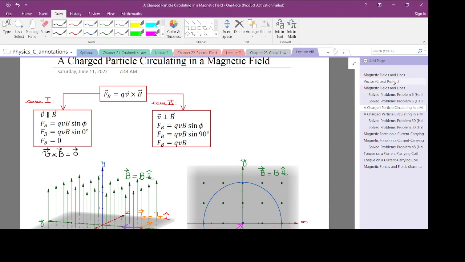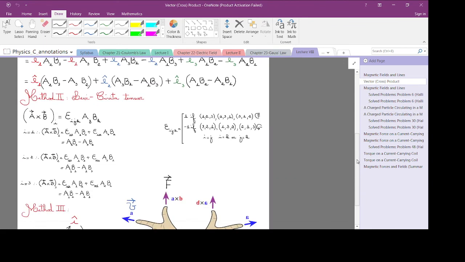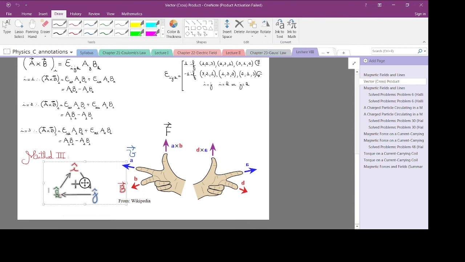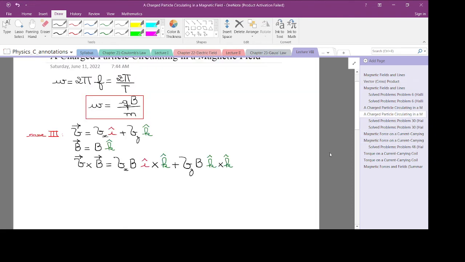We can come back here and grab our practical mnemonic to remember the vector product. Let's go. Where is it? Here.